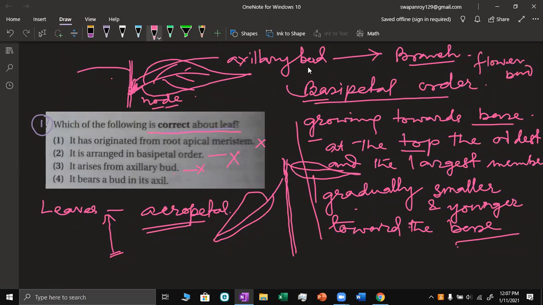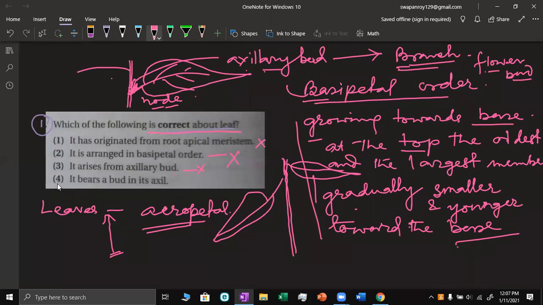Of course, when this axillary bud grows into a branch, then on the branch again there will be leaves, but this axillary bud may grow into a branch or into a flower bud, and finally to flower.